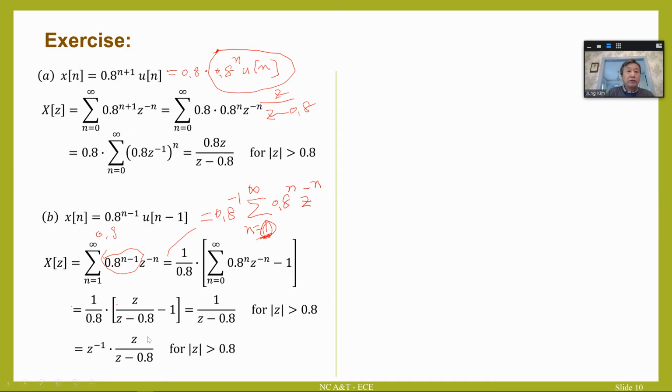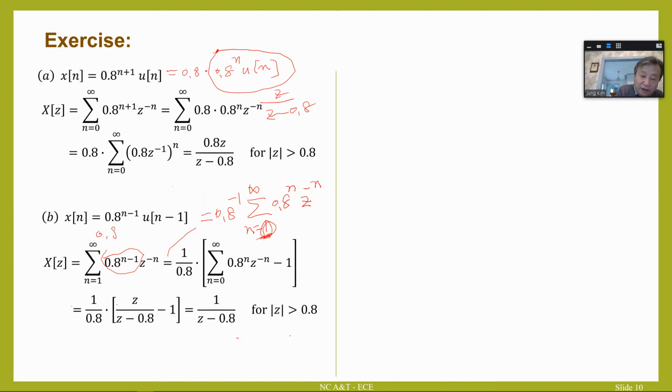Okay, so this one here, common term. Sometimes it works, sometimes not. Okay, all right.